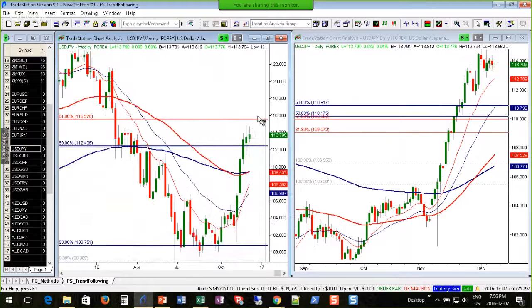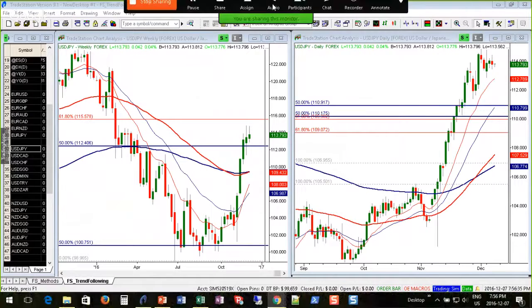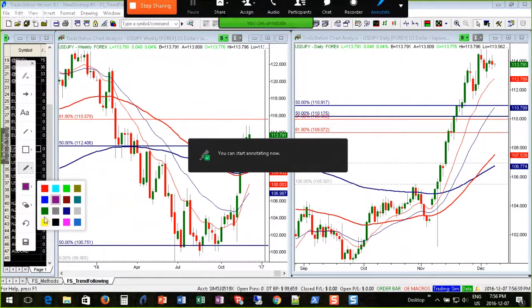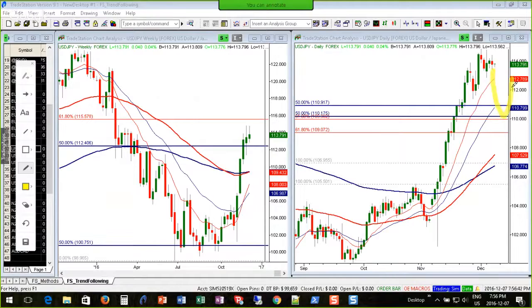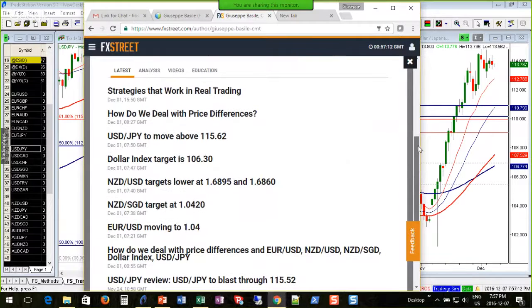Either this market continues higher into that level and then starts the reversal, or this market starts the reversal, and may have already started, we don't know, which could bring price into the next area of support, starting at 110.90 and going down into the 109 area here. So that is 100 pips of area where this market can potentially be picked up. We just need to understand whether that area is going to be tested now or after the 115.62 level that was mentioned in the past is tested.